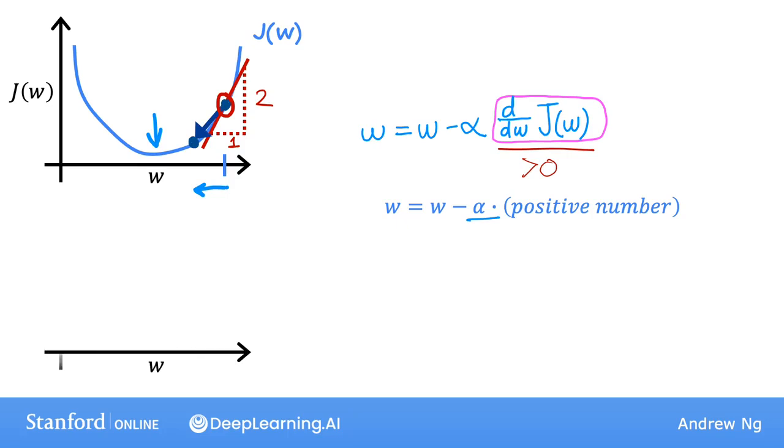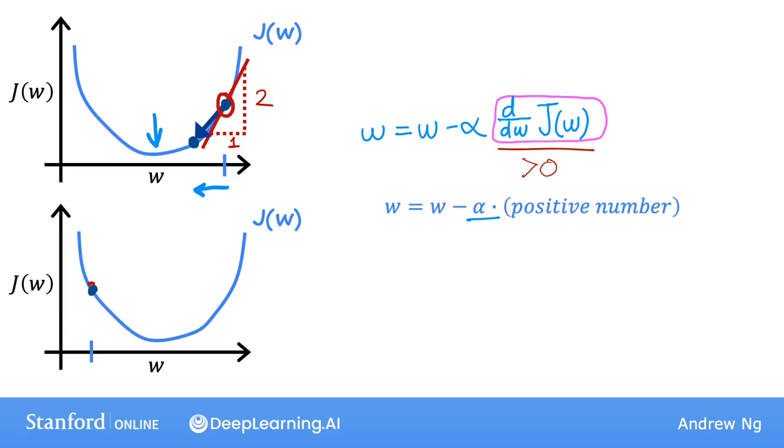Now, let's look at another example. Let's take the same function J of w as above, and now let's say that you initialize gradient descent at a different location, by choosing a starting value for w that's over here on the left. So that's this point on the function J. Now, the derivative term, remember, is d over dw of J of w. When we look at the tangent line at this point, the slope of this line is the derivative of J at this point.